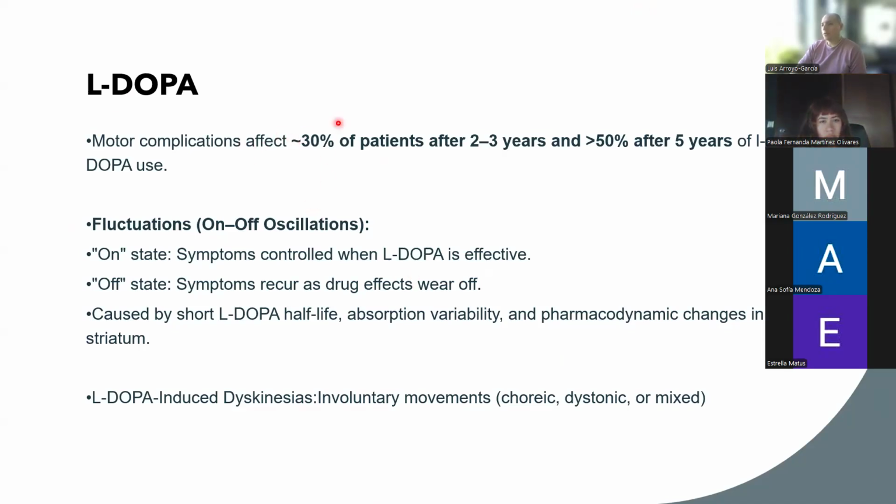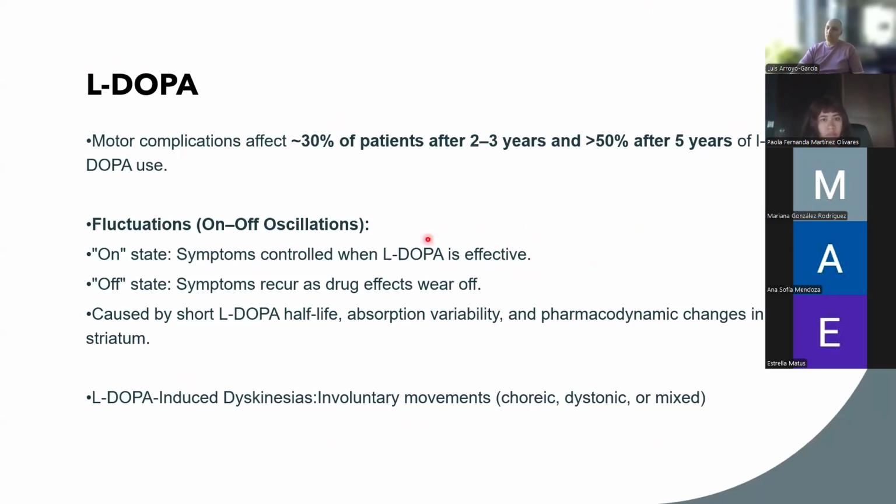Motor complications affect 30% of the patients after 2 to 3 years. So there are secondary effects, and more than 50% of patients after 5 years of levodopa use also show motor complications due to the use of levodopa. You also have fluctuations called on-off oscillations.